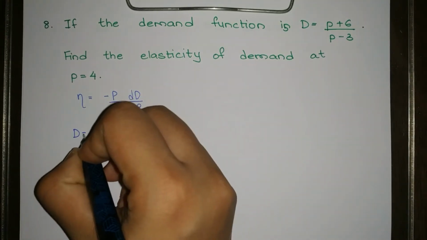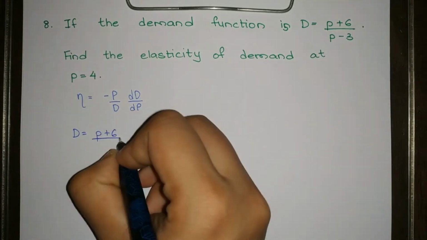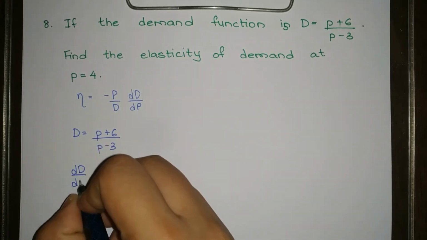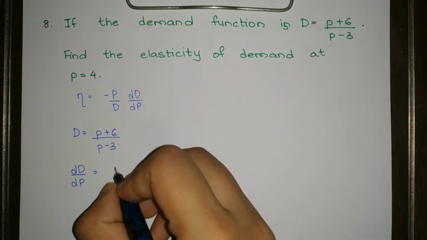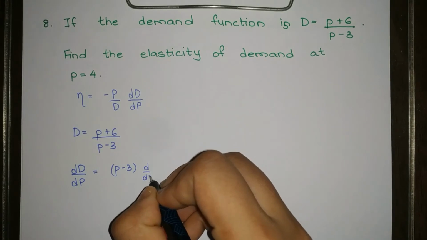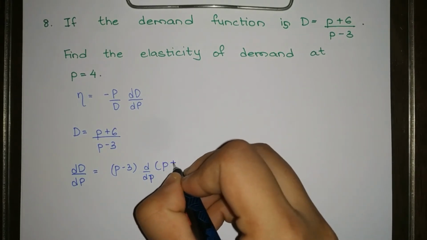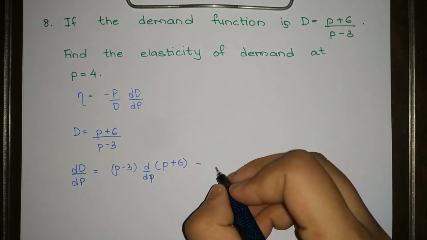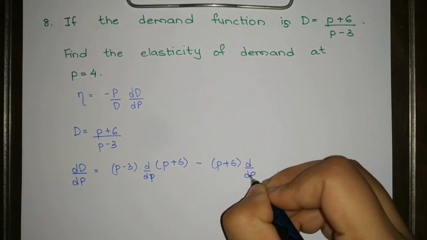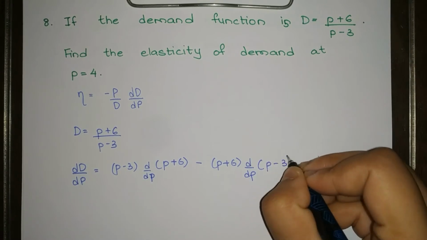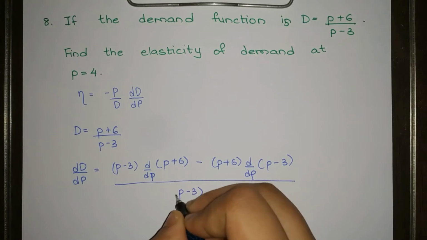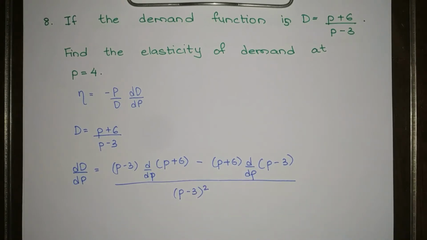So D is equal to P plus 6 divided by P minus 3, and dD by dP is equal to: first we will have P minus 3 into the derivative of P plus 6 with respect to P. I am using the u by v rule, okay. Then minus P plus 6 into the derivative of P minus 3, divided by P minus 3 the whole square. Fine.